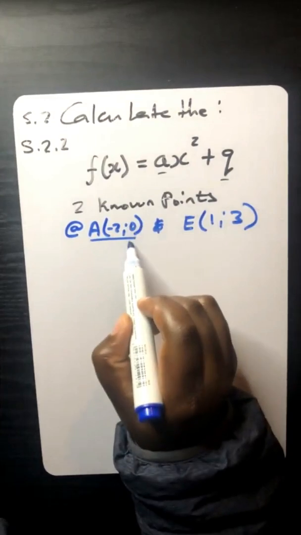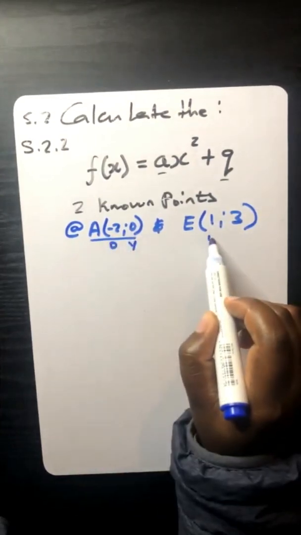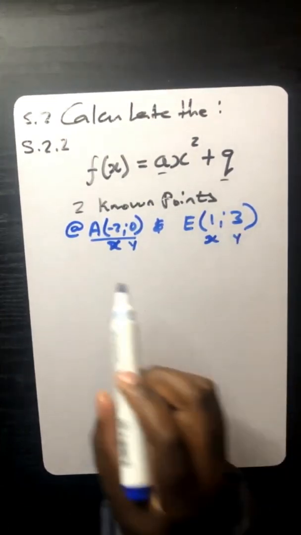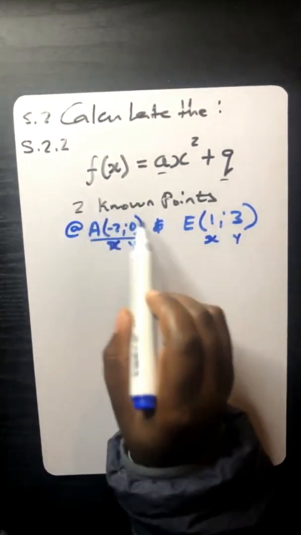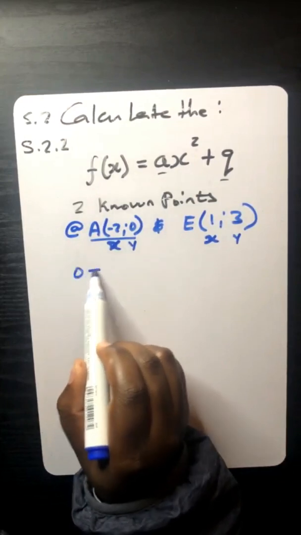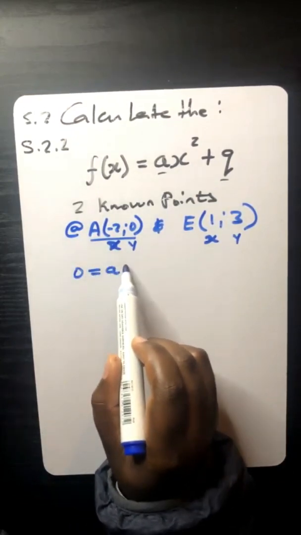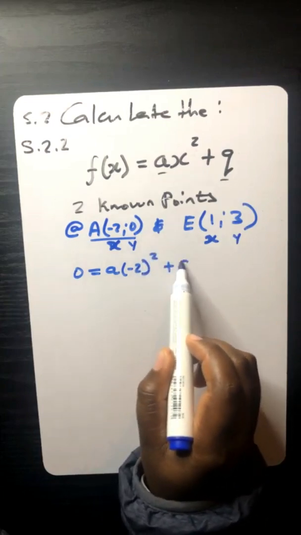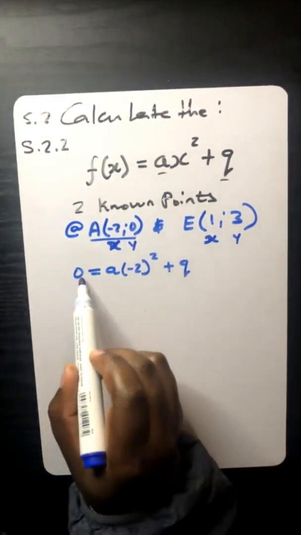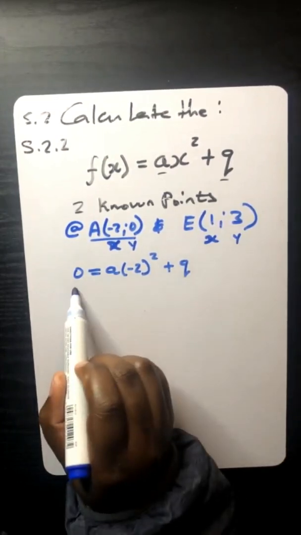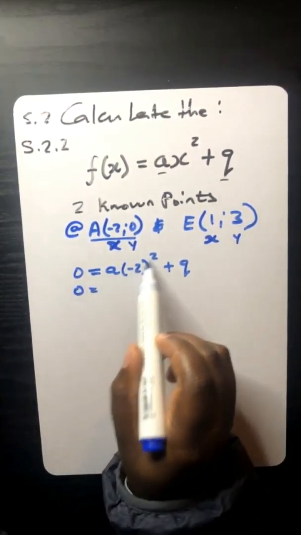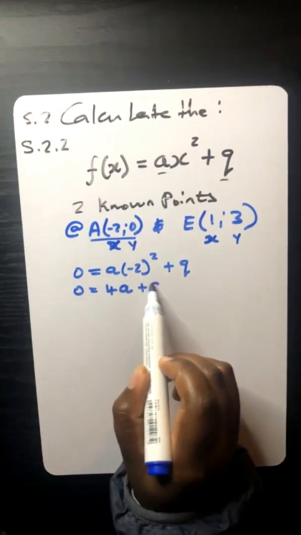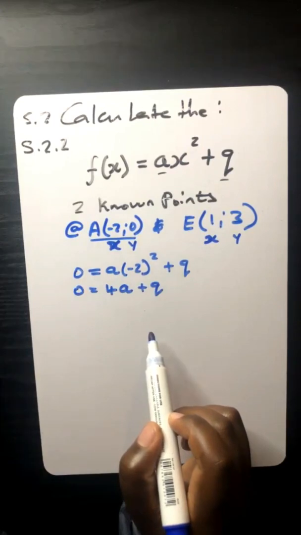Obviously this is Y, this is X. When we substitute the A value, it means we have 0 being equal to A and the X value being -2. Then we square it and then we have plus Q. Let's quickly simplify all of that. So that means we have 0 being equal to, I think this is 4, guys, so we have 4A plus Q.